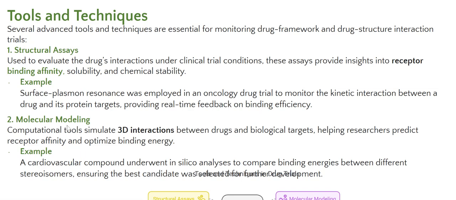Molecular modeling: computational tools simulate 3D interactions between drugs and biological targets, helping researchers predict receptor affinity and optimize binding energy. An example: a cardiovascular compound underwent in silico analysis to compare binding energies between different stereoisomers.